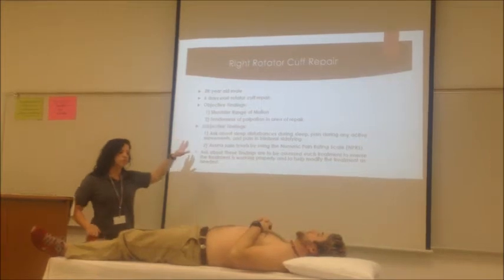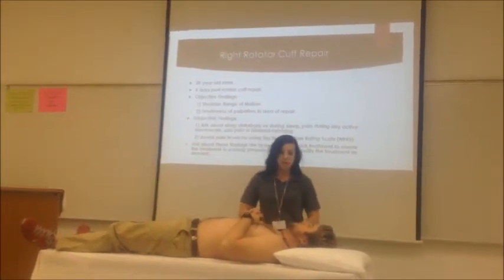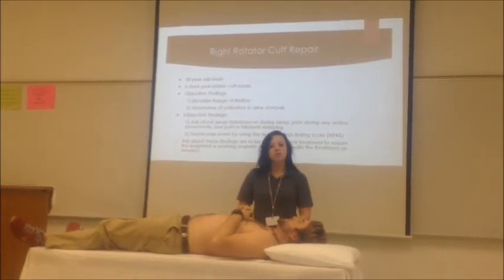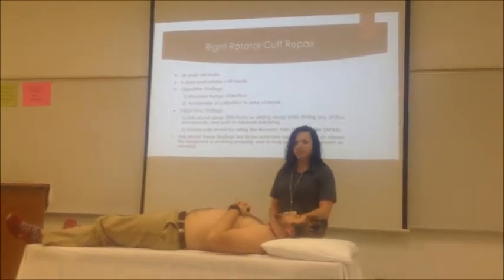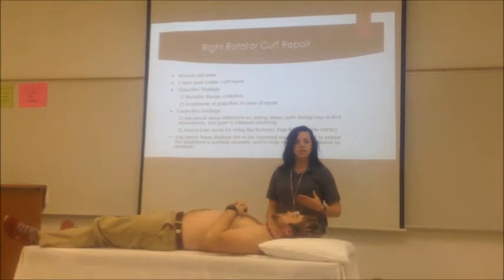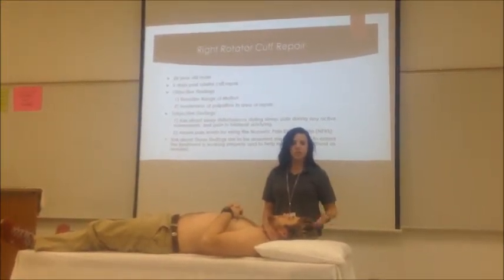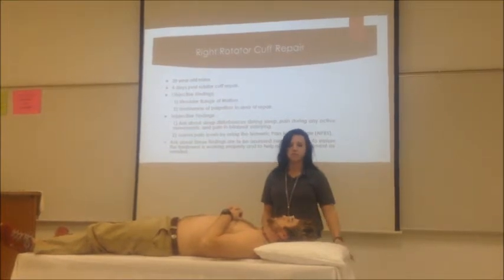Another one you could do is tenderness to palpation. If you touch it and it's sore, especially around the incision or the muscle bellies. By assessing these 2 things, you can tell if some of the interventions through your therapy are helping or how you need to modify your treatment.